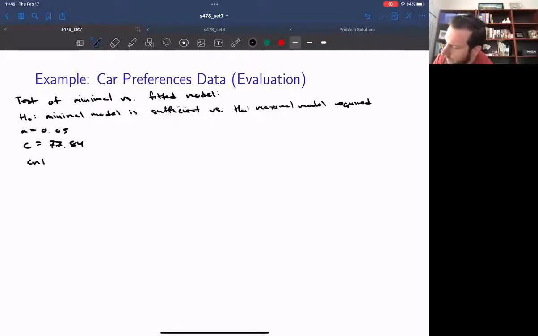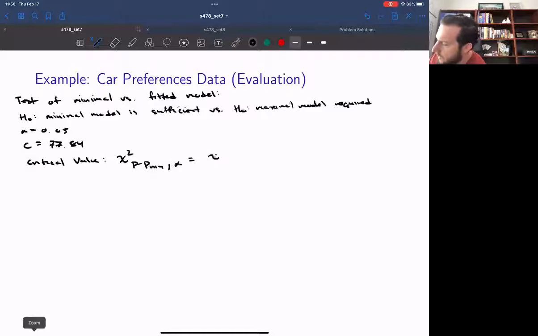And then our critical value for this particular test is going to be a chi-square on P minus P min degrees of freedom, comma alpha.